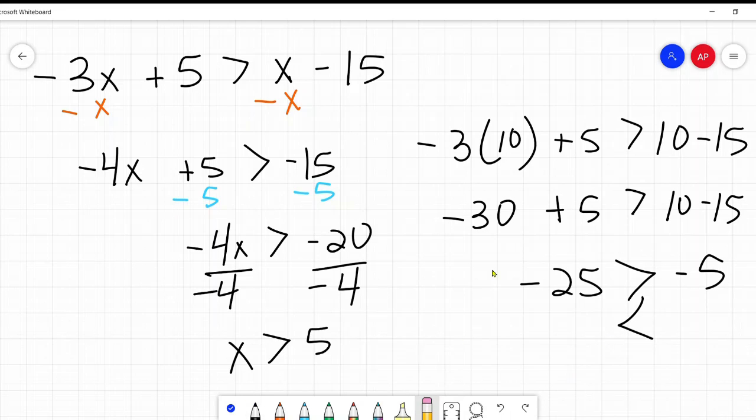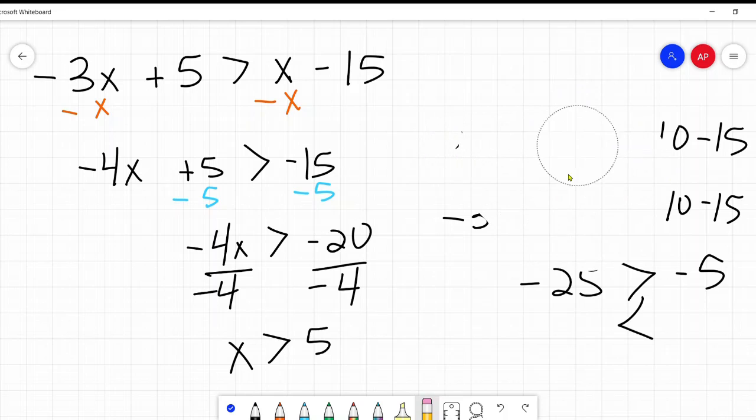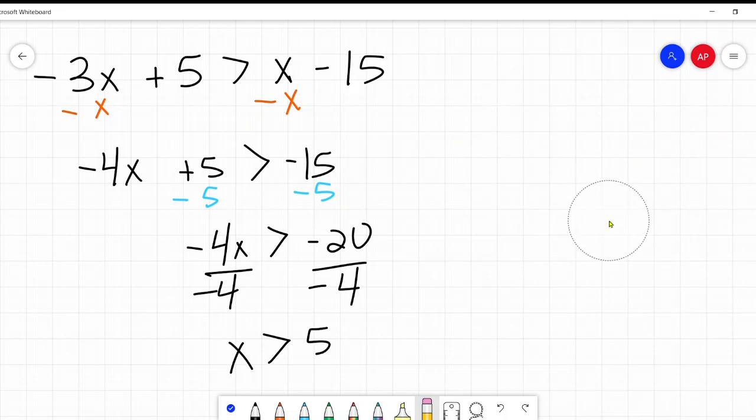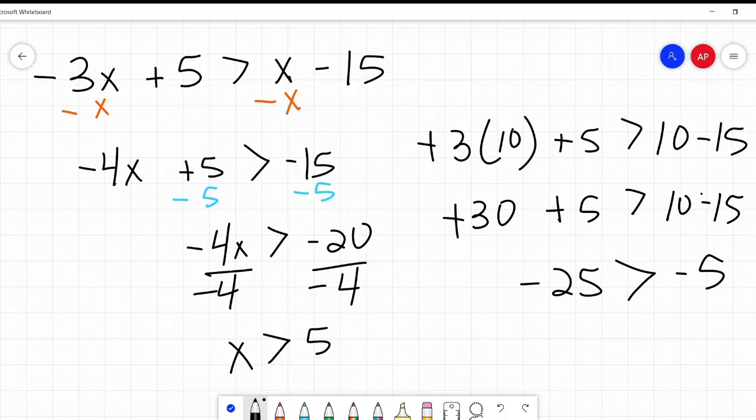So what happened? What happened that made this not work? Well, it happened right over here. It's when we divided by negative 4. Because you see, if those numbers had been positive, 25 is greater than 5, but we have the negative numbers, so negative 25 is not greater than negative 5.